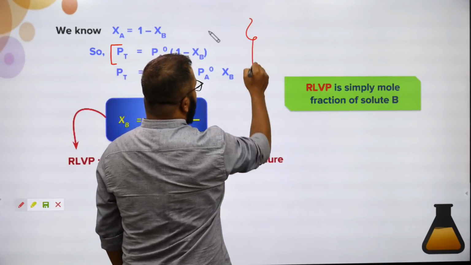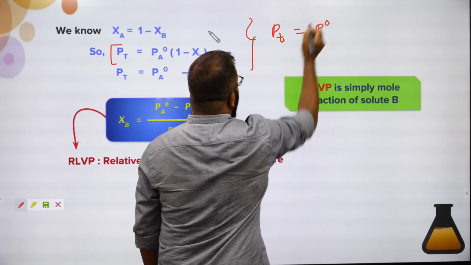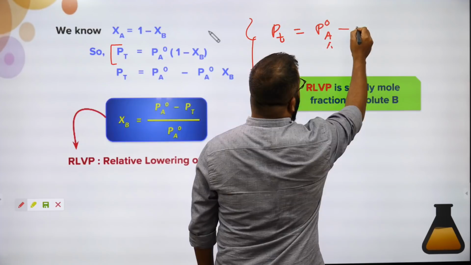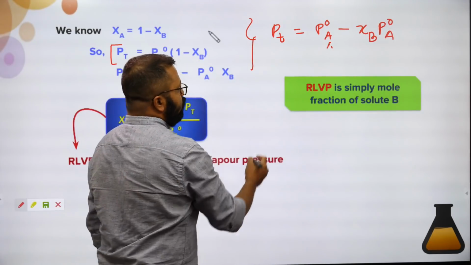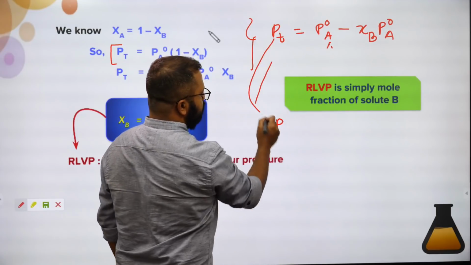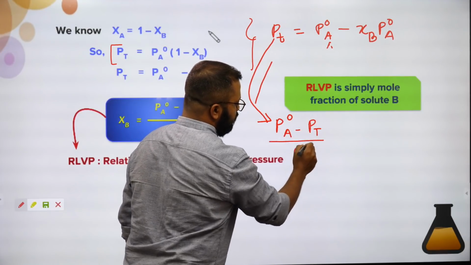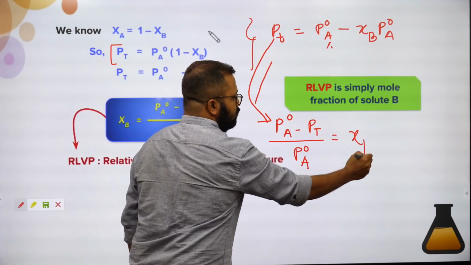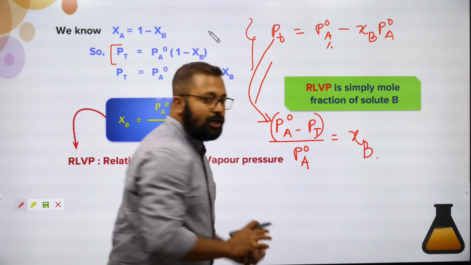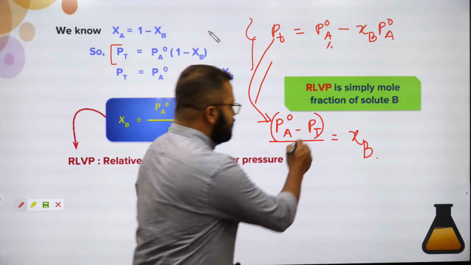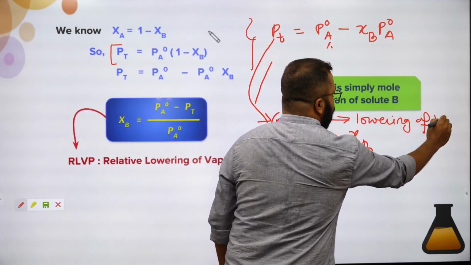Total pressure is P naught A 1 minus chi B, and we can simplify this. This will turn out to be total pressure is equal to P naught A minus chi B P naught A. So if I subtract, P naught A minus PT by P naught A will be equal to chi B. Okay, so what is this? जो numerator है, the numerator is lowering of vapor pressure.